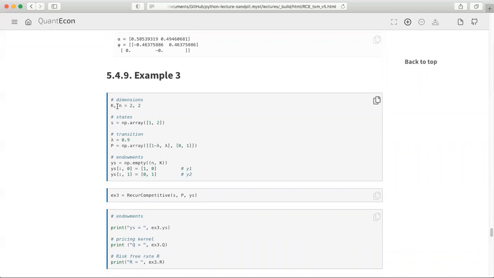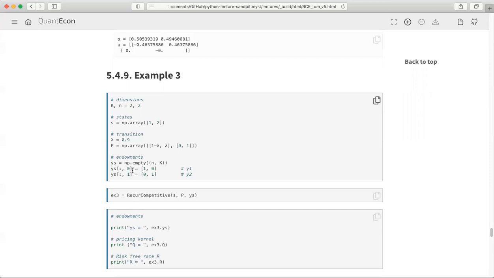What's this, example 3? Oh yeah, okay, so here's example 3. Two guys, endowments like this. The endowments are going to be either 1 or 0.